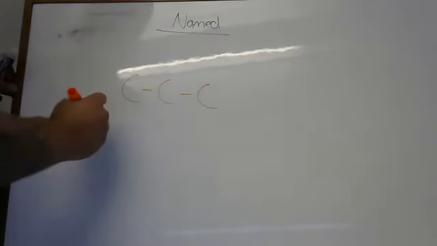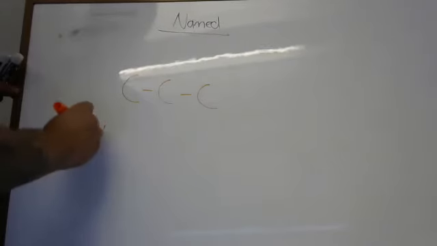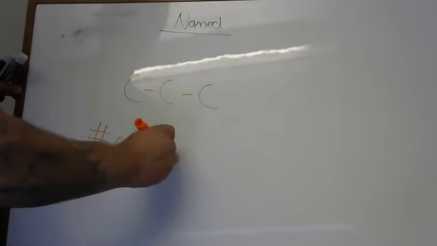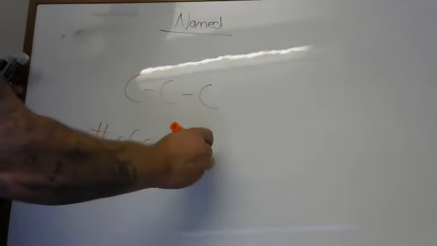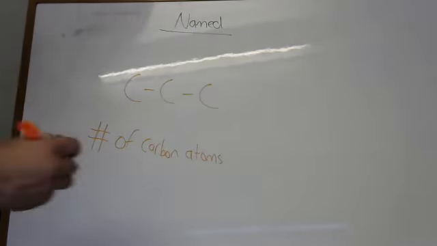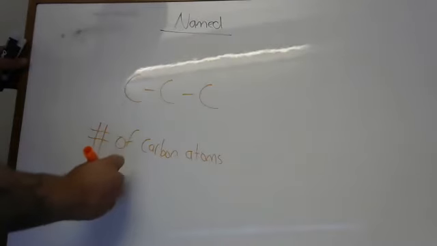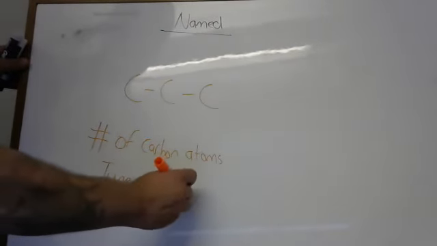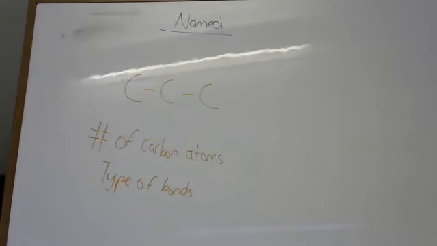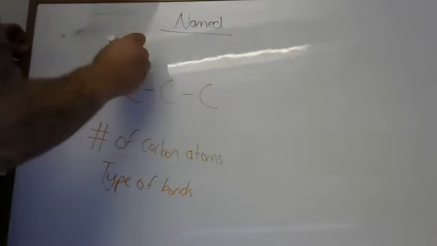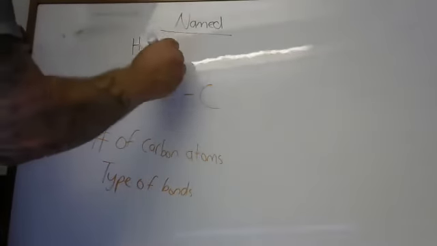We name it based on the number of carbon atoms, and the type of bonds. So this would look like this. We would draw it out.